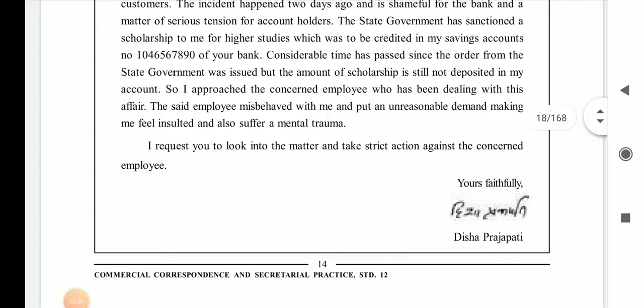Here, the lady explained the whole incident, and she explained that she got a scholarship from the state government, and it was to be deposited in the bank.